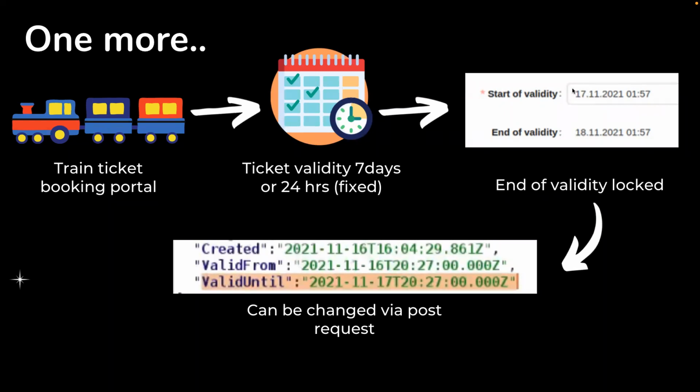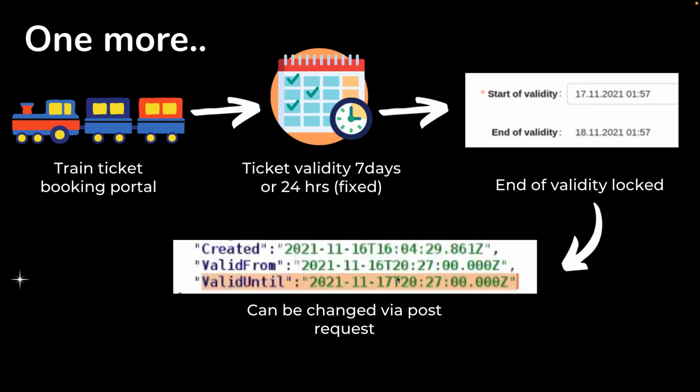Start of validity, you can determine when you want to start the ticket's validity, and end of validity will be correctly 24 hours after this. So what's the issue here now? When the user booked the ticket, it had a valid until parameter in its POST request.